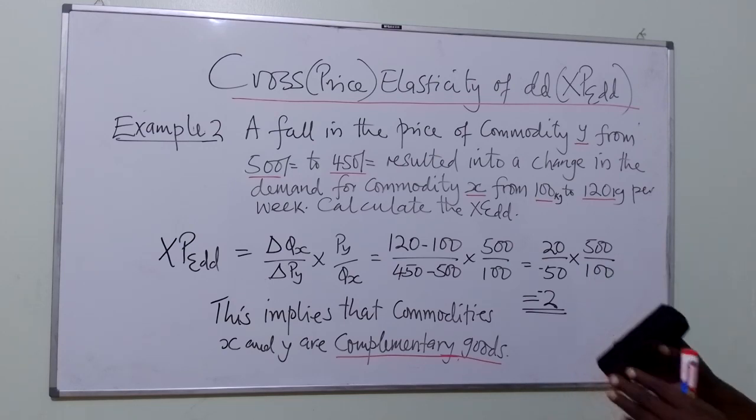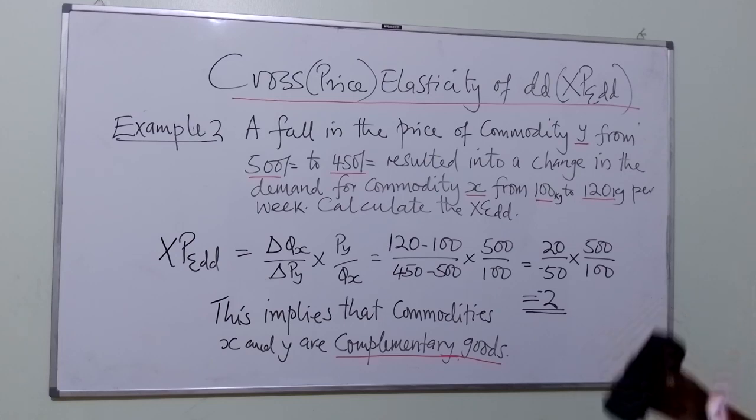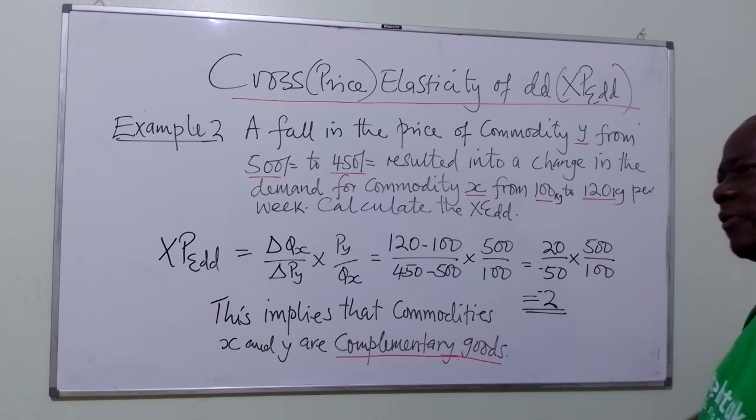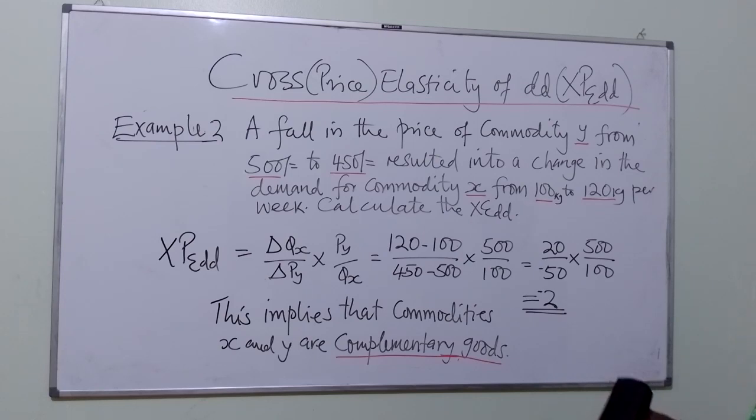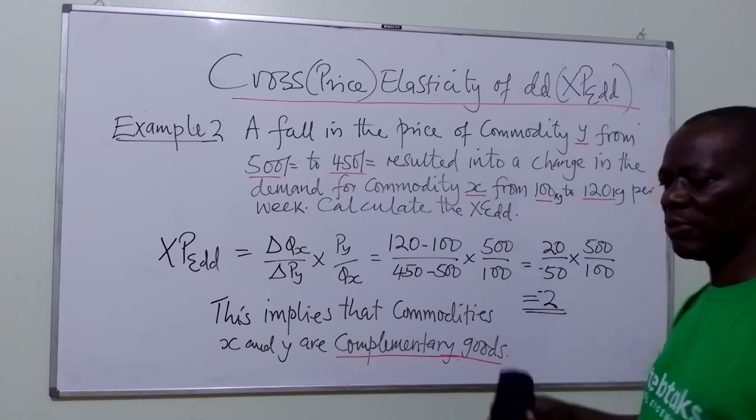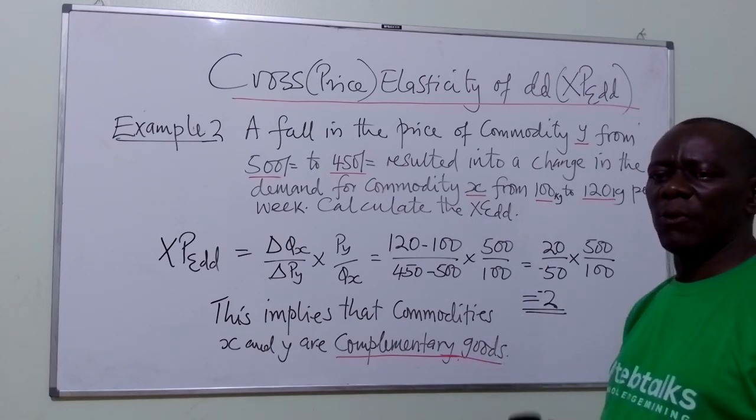These elasticities we are talking about, we are going to find them in almost every topic of economics which we are going to cover. Even if we come to labor, we shall look at the wage elasticity of labor. We are going to see the supply of labor, the different elasticities of labor, and we see their wages.